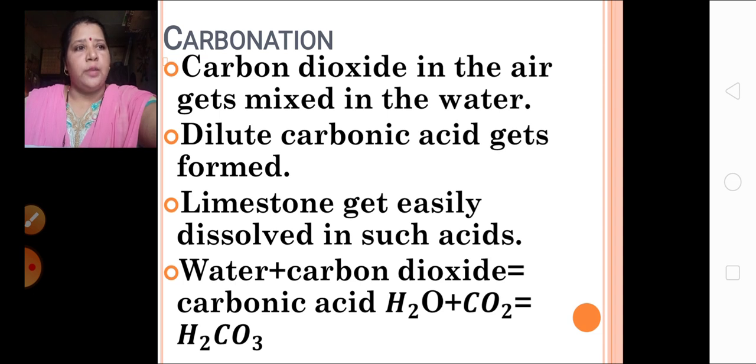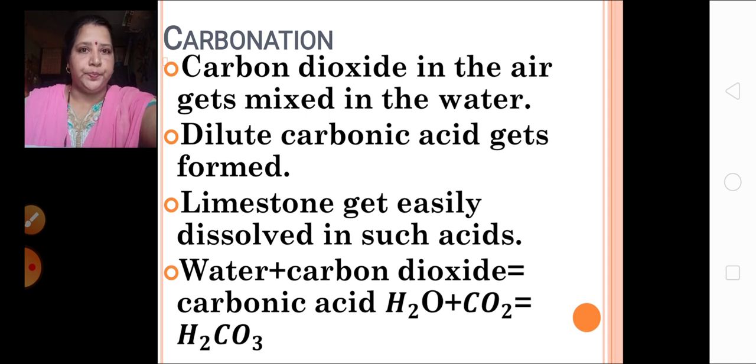What is this carbonation? You all must know, when it is raining, the raindrops coming along with the rain get mixed up with the carbon dioxide in the air, and because of which dilute carbonic acid gets formed.